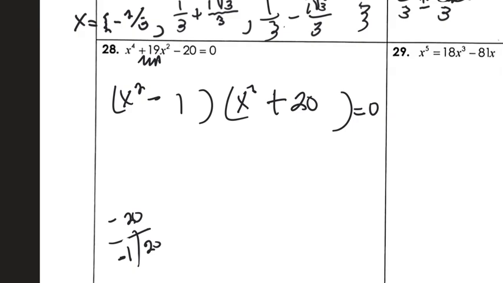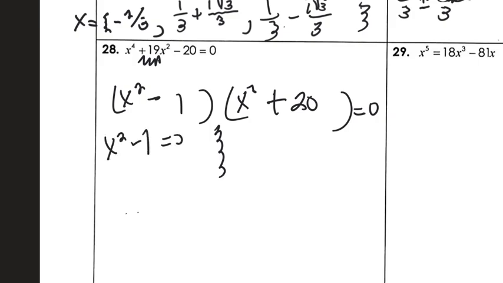And that should be good. We could double check it by multiplying through. But let's go ahead and give yourself more room here and do each one equal to 0. So we'll do x squared minus 1 equals 0.